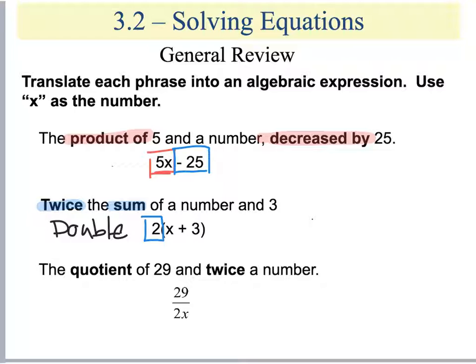So there's a couple different options for the vocab. Here we have the quotient of 29 and twice a number. Again, because we're multiplying by 2x, or multiplying by 2, we could say twice or double. So if you look at that, that's how we can translate phrases and algebraic expressions back and forth with each other.